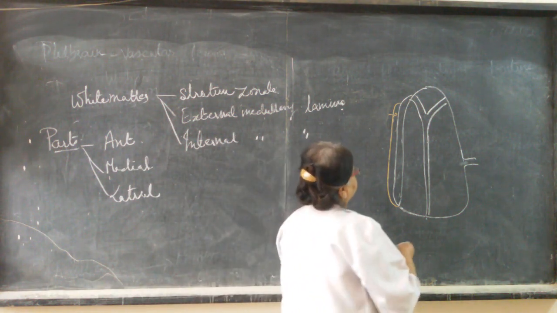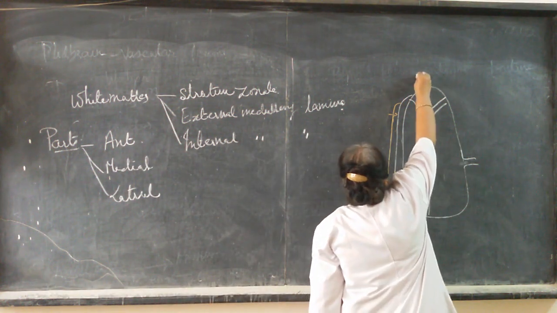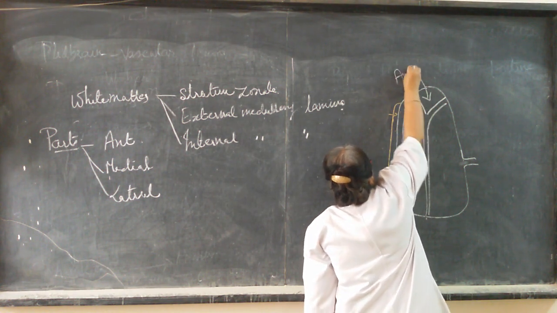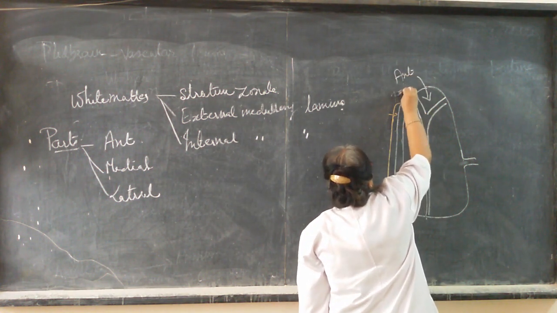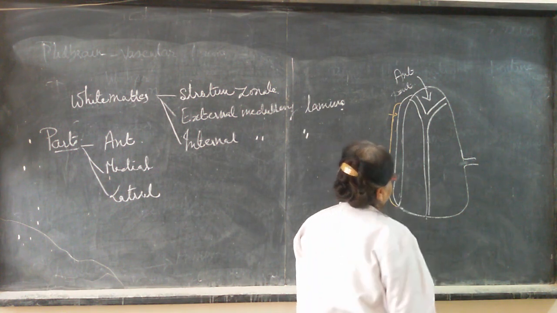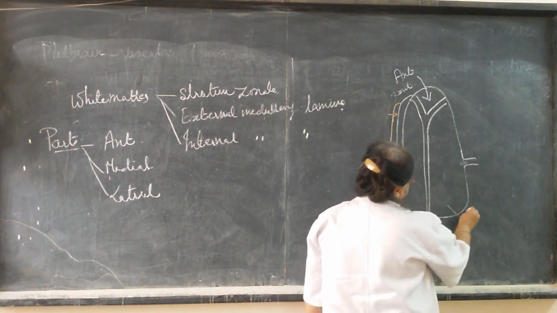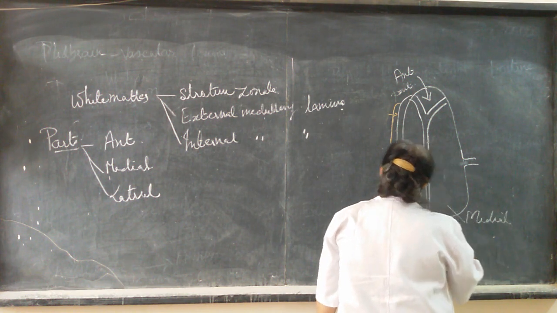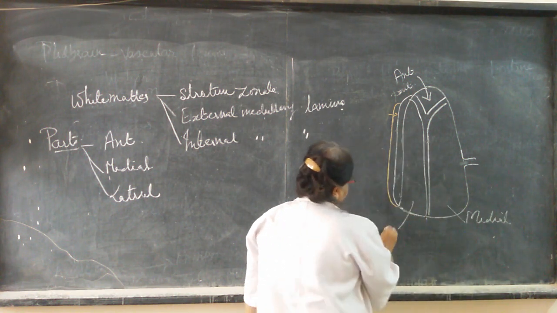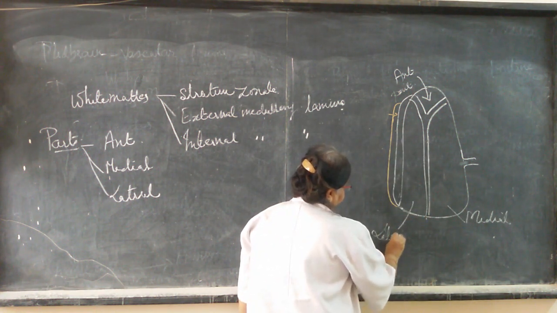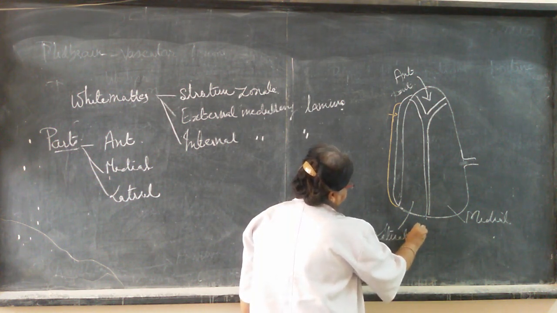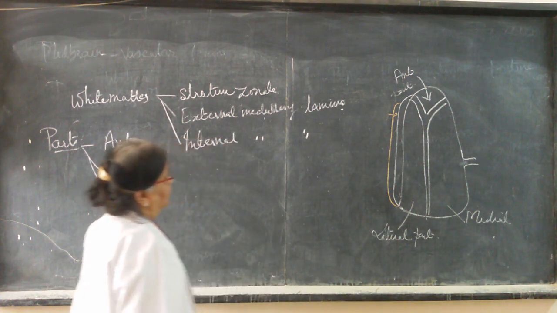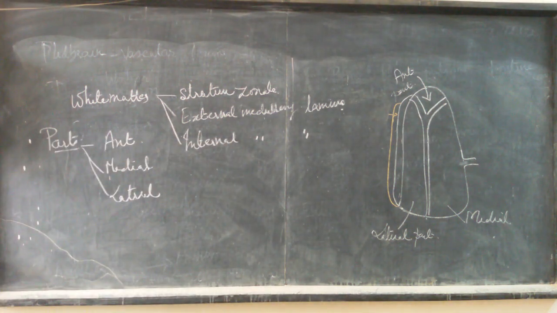The anterior part is lying between the two limbs of the Y. This is the anterior part. This part is the medial part, and this part is the lateral part. Anterior part, medial part, and lateral part.